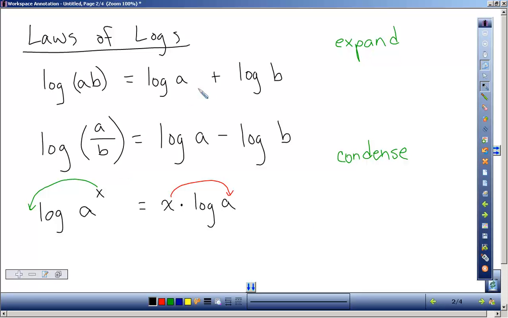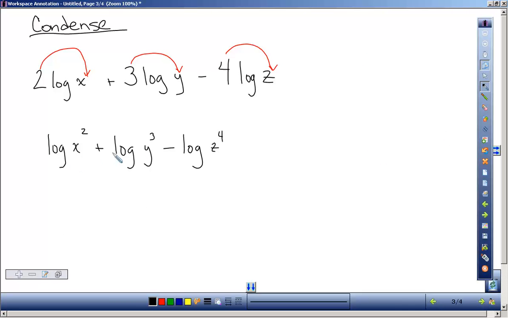Now, we had rules that said that if we are adding two things, then we need to multiply whatever is inside the log. So these two are being added. Now notice, when I condense, I'm taking it to just one log. So I'm adding these two logs. They're going to become one log, and then I'm going to multiply what was inside of them.